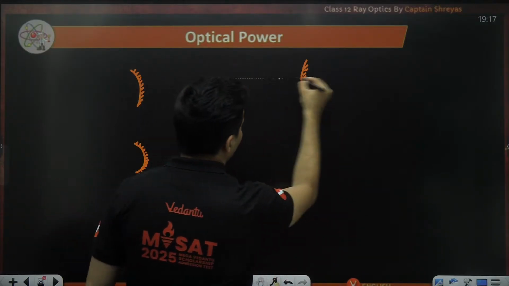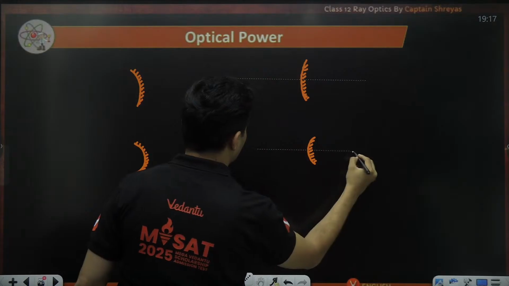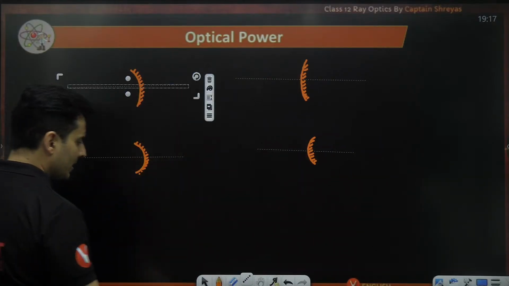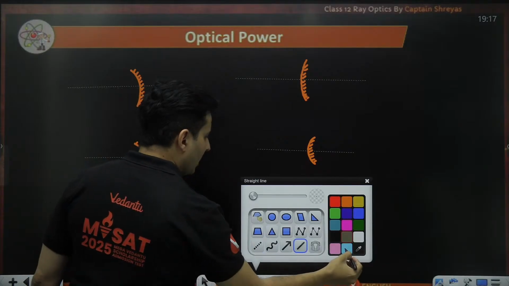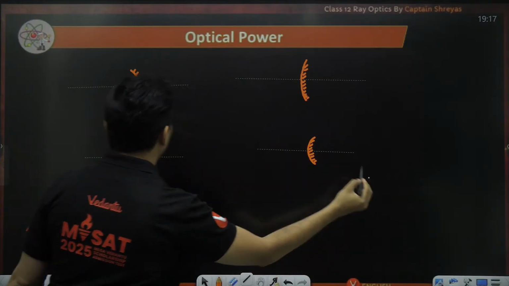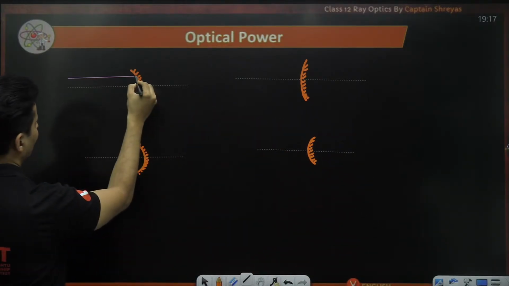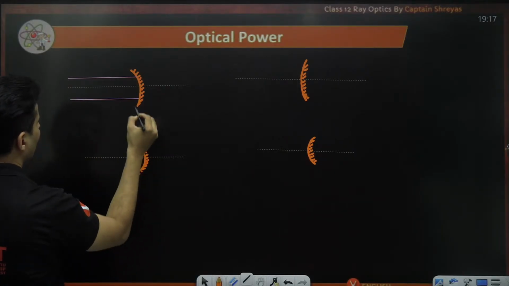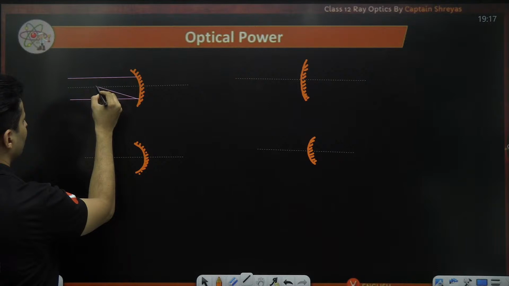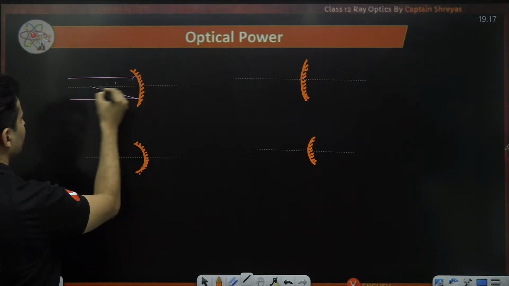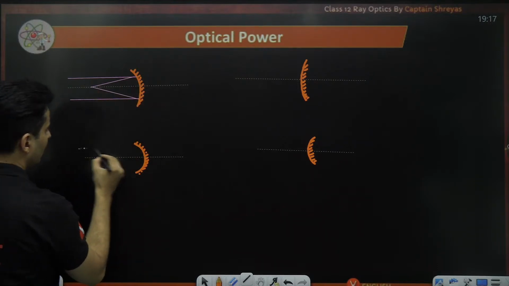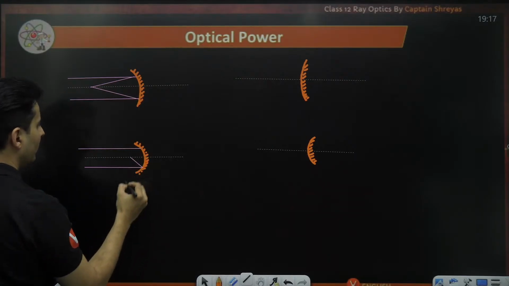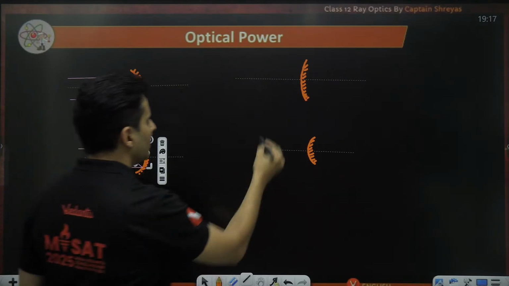If you look at the rays which are parallel for a concave mirror, probably they will come like this, and maybe they will meet over here, somewhere like that. Here, the same rays, you will see probably they will meet over here, like this.